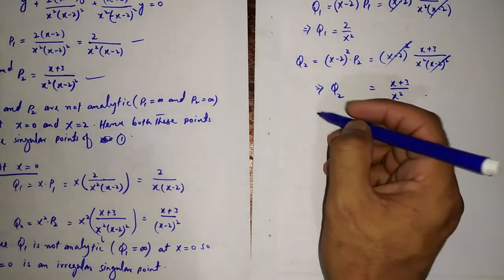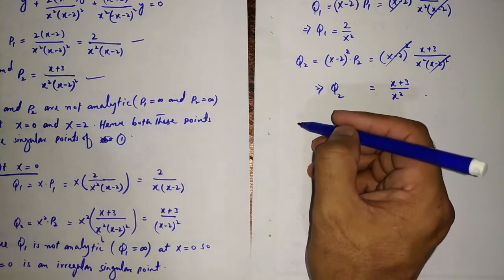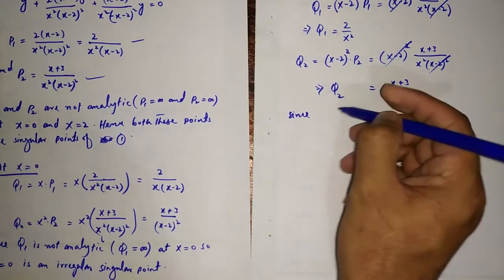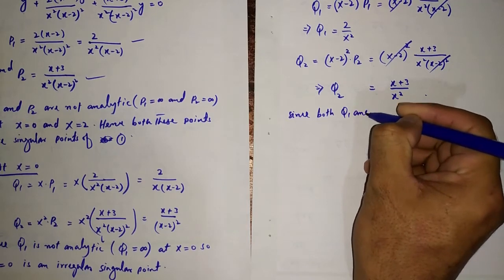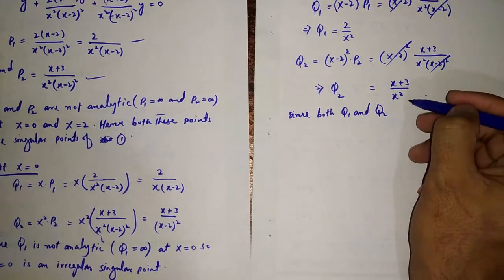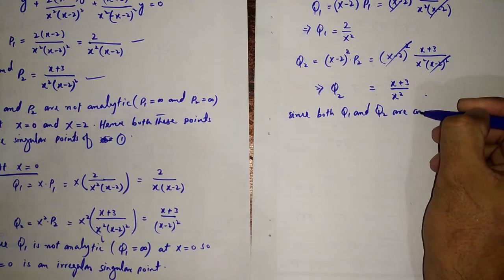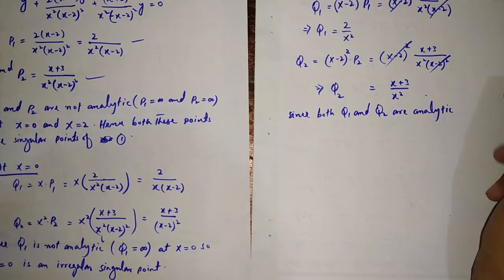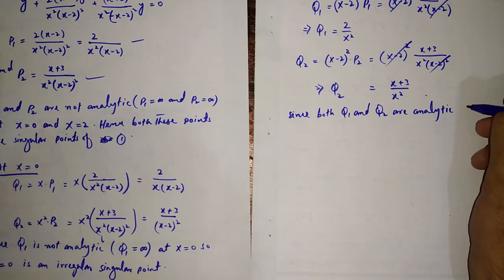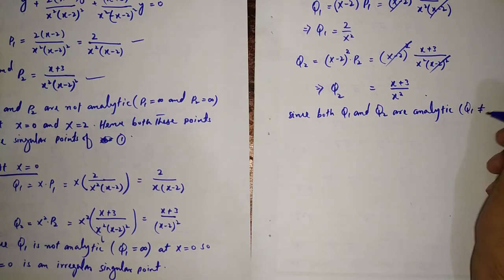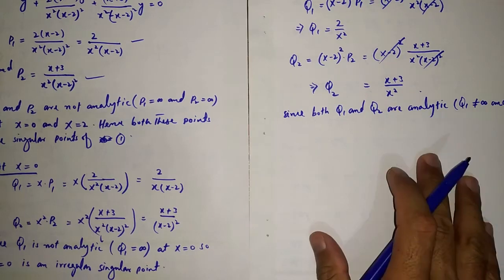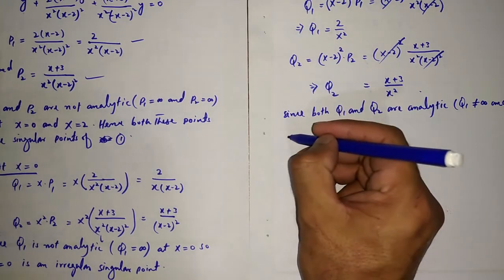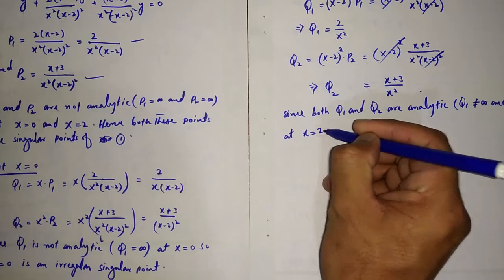So in both cases, since both Q1 and Q2 are analytic, this means that Q1 doesn't go to infinity and Q2 doesn't go to infinity at x equals 2.